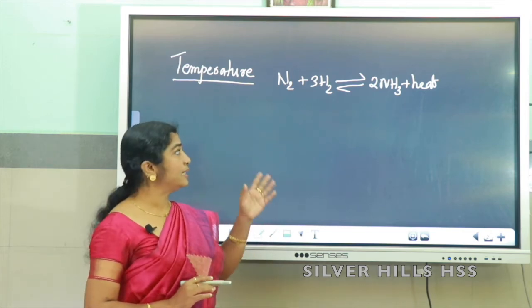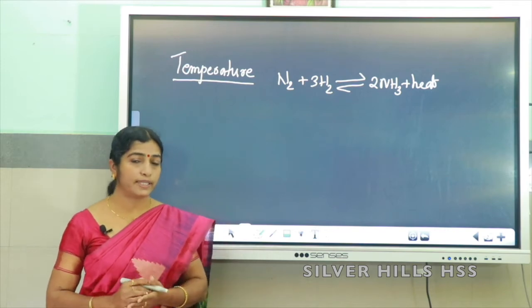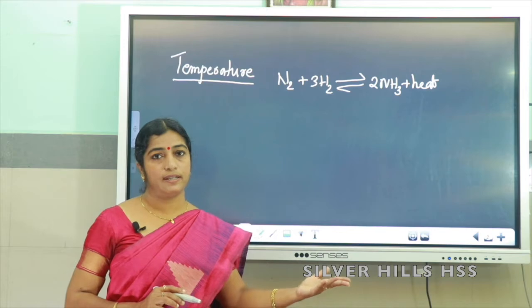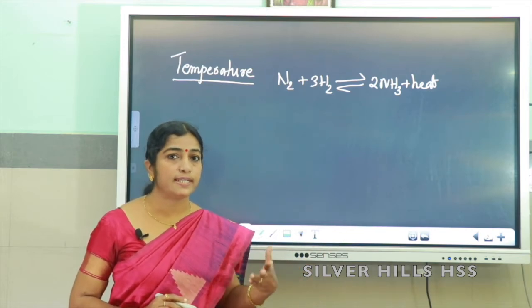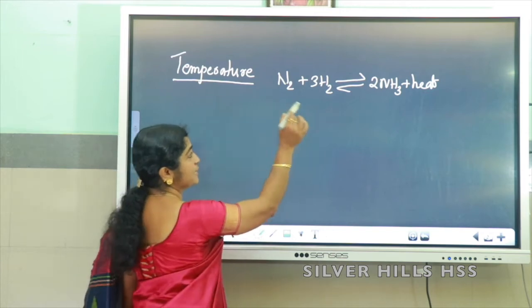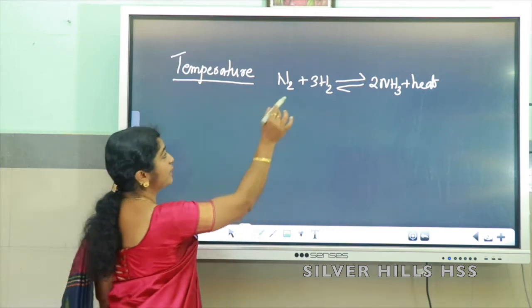In a thermochemical reaction, two types are there, endothermic reaction and exothermic reaction. In an exothermic reaction, heat energy is liberated, and in an endothermic reaction, heat is absorbed. So let us see which is endothermic and which is exothermic in this reaction. Which is the forward reaction here?